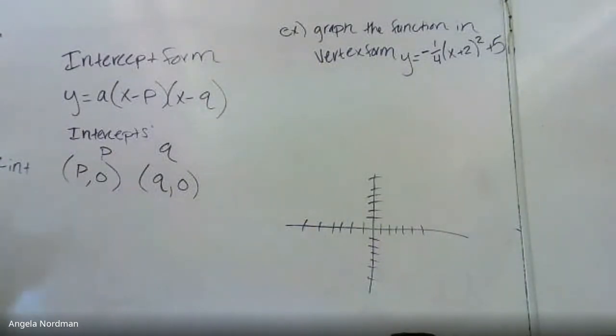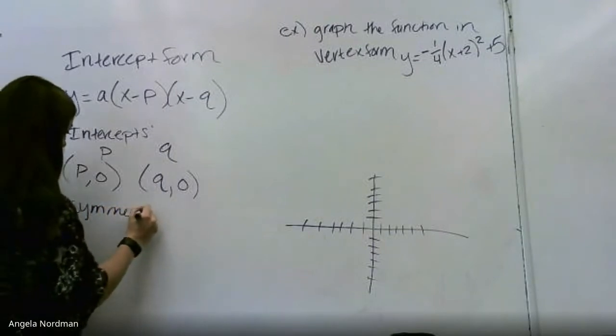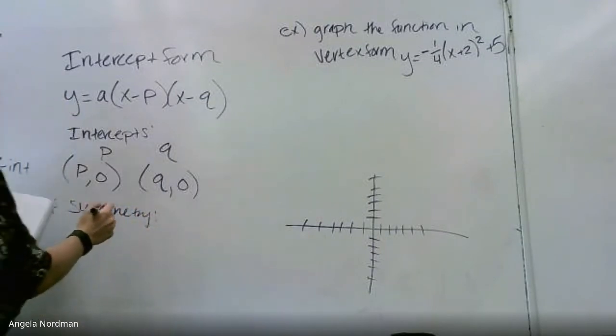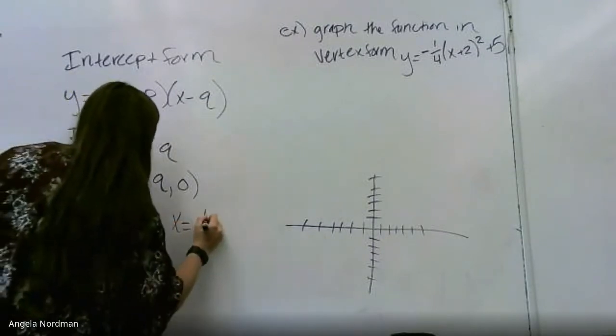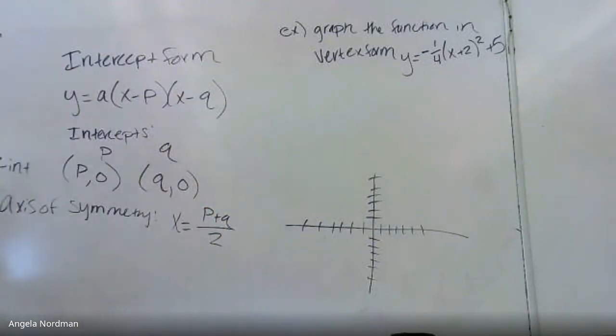So not only do I get my x-intercepts, I also get that axis of symmetry. And that is a little bit more complicated equation. I'm not saying it's complicated, but more than you've probably seen in the past. It's x equals p plus q divided by 2.